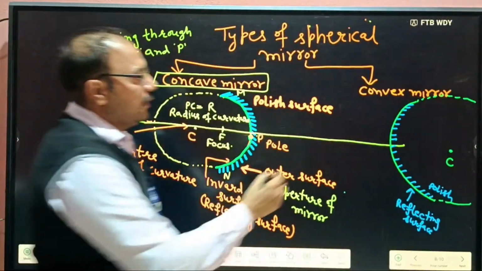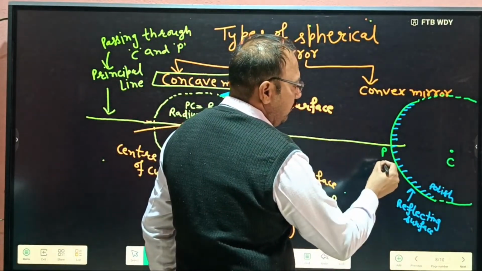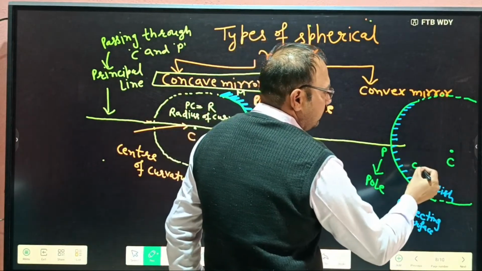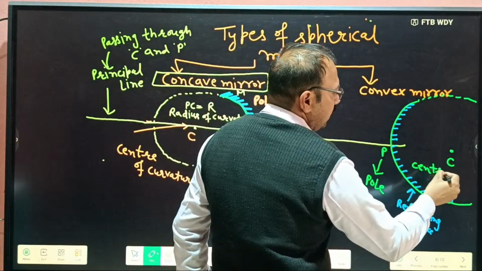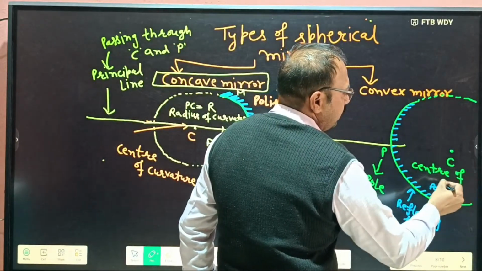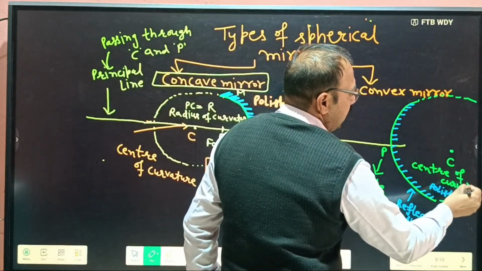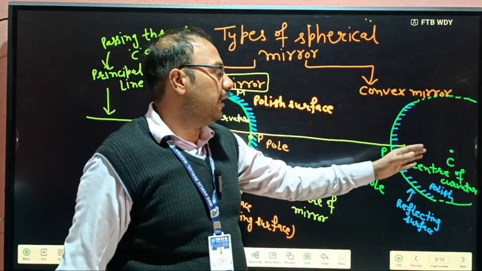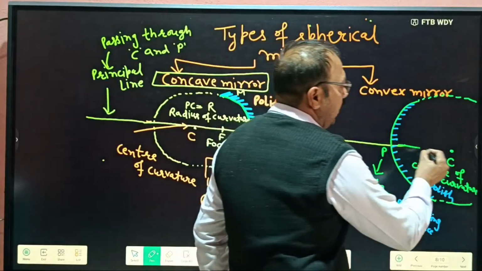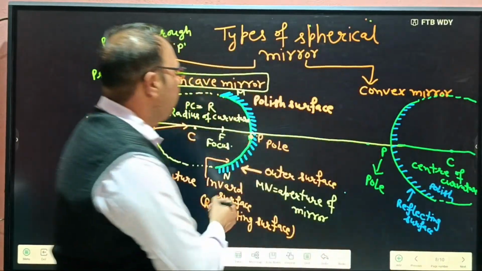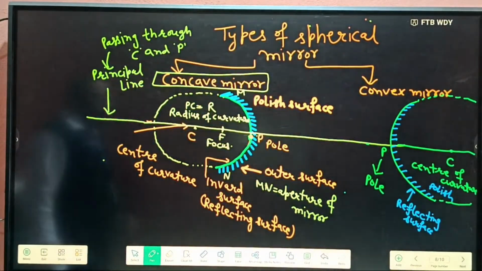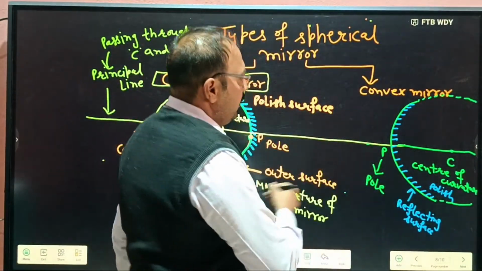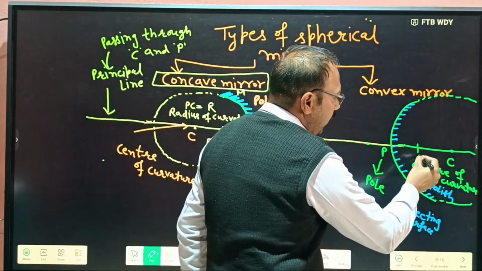Here this is the pole P. A line passing through the pole and center of curvature is known as the principal line. Here this is the reflecting surface.